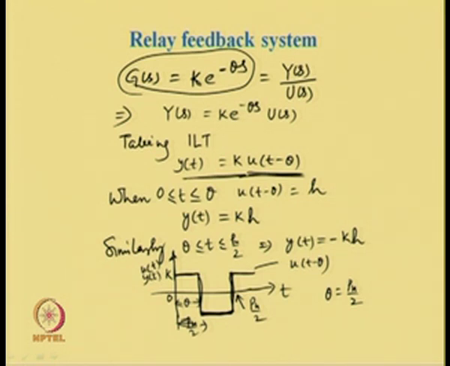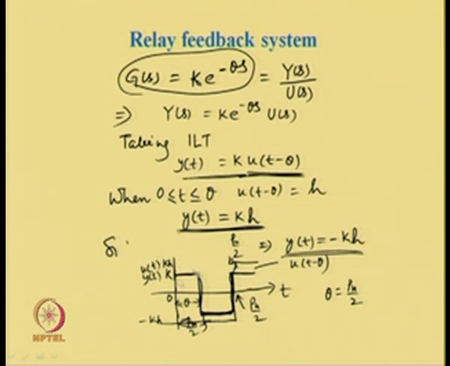If I simply plot these two equations, y(t) equal to k h and y(t) equal to minus k h, definitely the output of the system will be, this is our k h and this is minus k h, and again this will be k h.